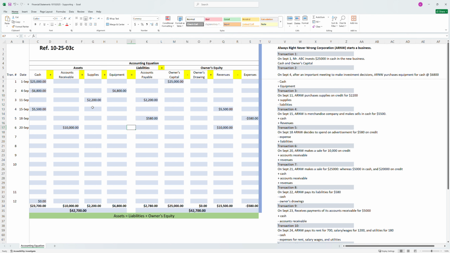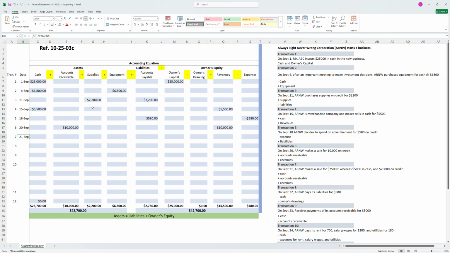So we debit accounts receivable, and then we credit revenues for $10,000. On transaction number 7, on September 21st, the company makes sales for $10,000 on credit. So we covered that one, sorry.